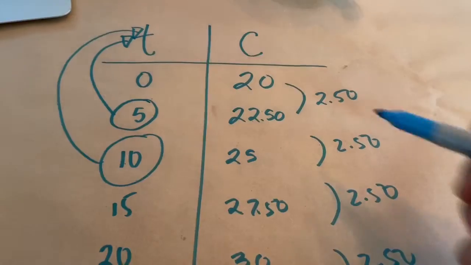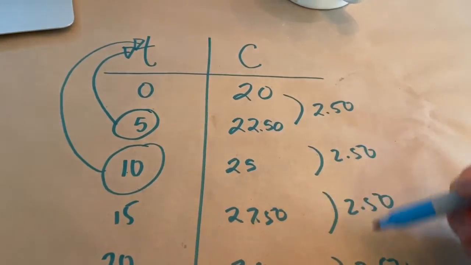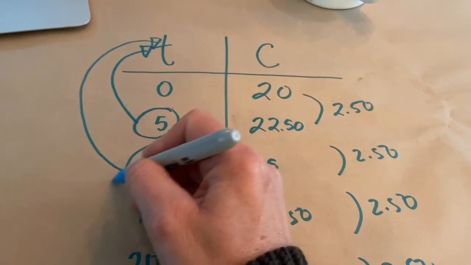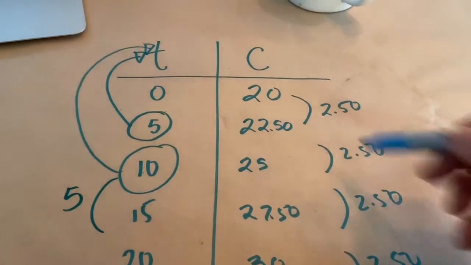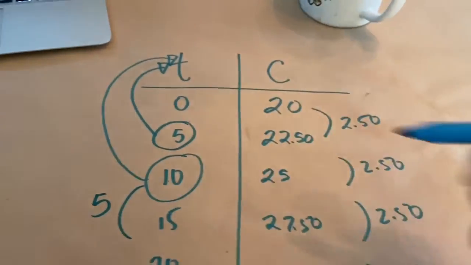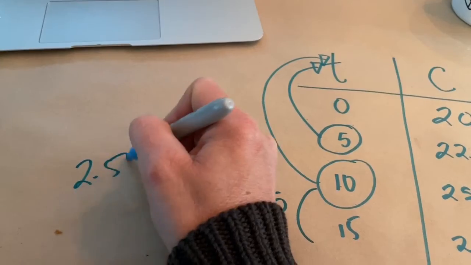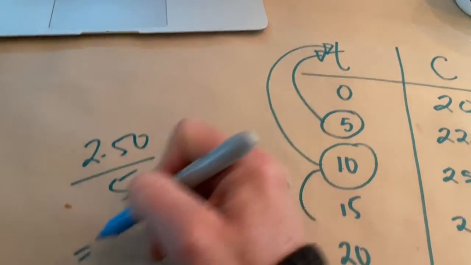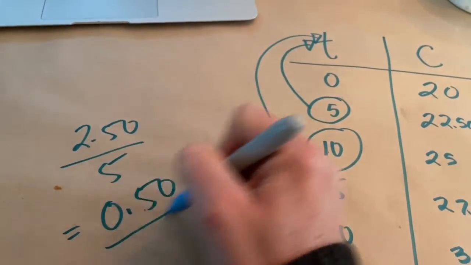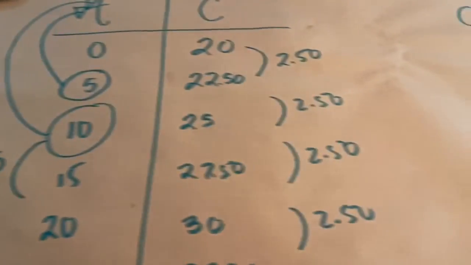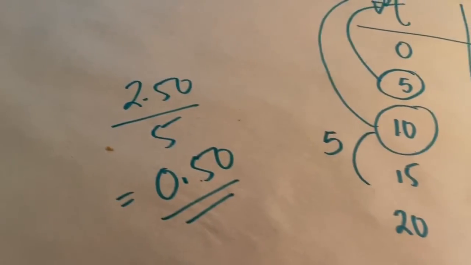So what we need to do is, because this side jumps by $2.50 and this side jumps by 5, we've subtracted, now we need to divide. So $2.50 divided by 5, and that's going to give me 50 cents. So our rate of change is not $2.50, it's actually 50 cents.